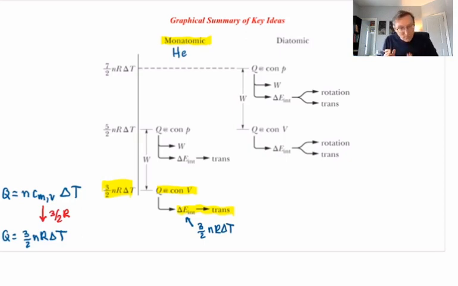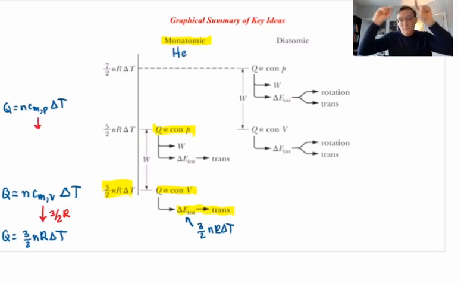All right, now let's move our way up on the left side. Let's do an experiment with the monatomic ideal gas where we add energy as heat at constant pressure, P. So now the formula for Q is Q equals n CmP delta T. But now use the formula for CmP, F over 2 plus 1, all times R, where the F is 3.